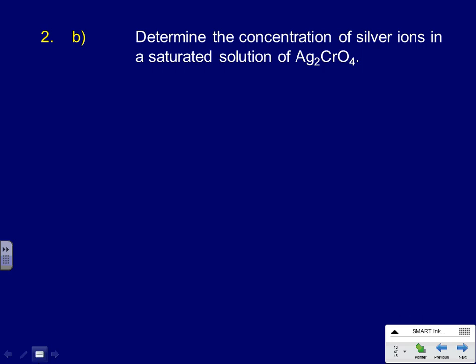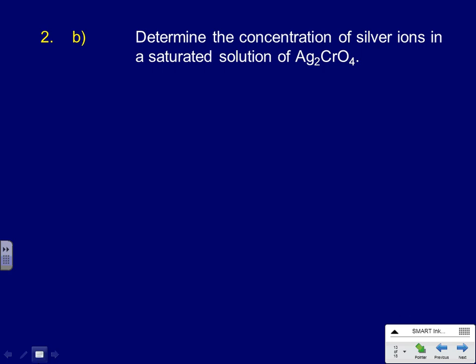This is just getting you thinking about how we can then determine the ions in solution. This is as simple as saying there are 2 silver ions in each silver chromate that dissolves. So we're going to take our previous answer and multiply it by 2, right? So we're simply using that mole ratio to figure out how many silver ions. So it is that simple.